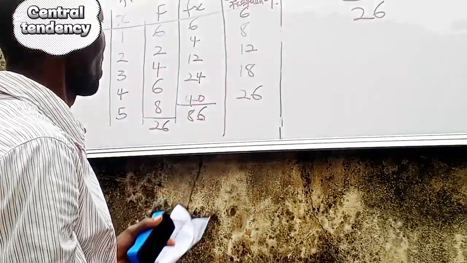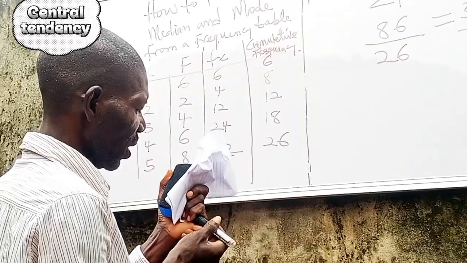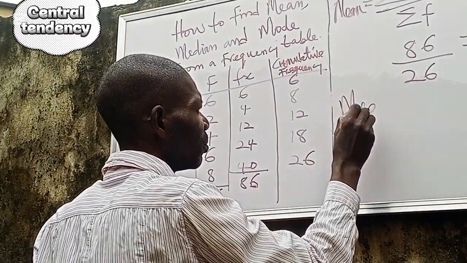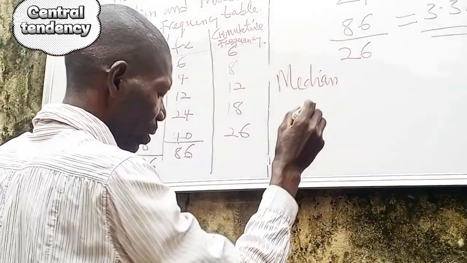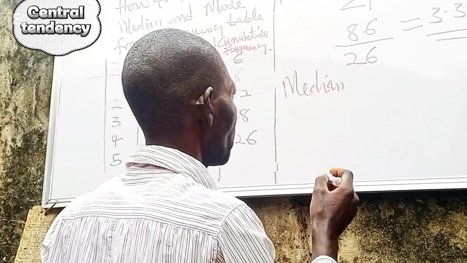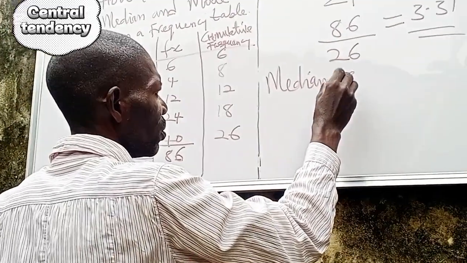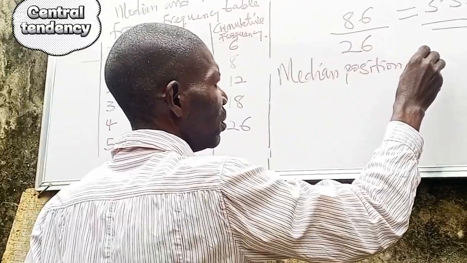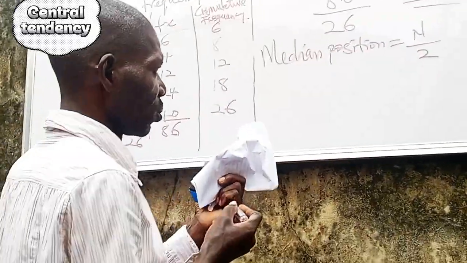So to get our median, we first find the median position. Median position is equal to n over 2.